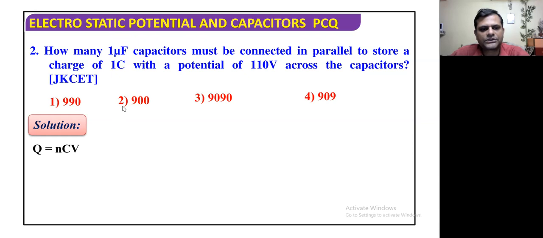तो सबसे पहले हमको ये सोचना होगा कि एक कैपेसिटर के ऊपर कितना चार्ज आ सकता है. So we can just say that C is the capacitor 1 microfarad, and potential difference we want is to be 110 volt.